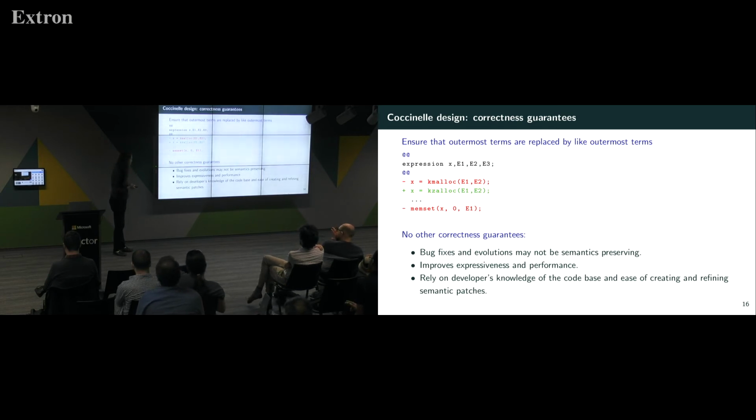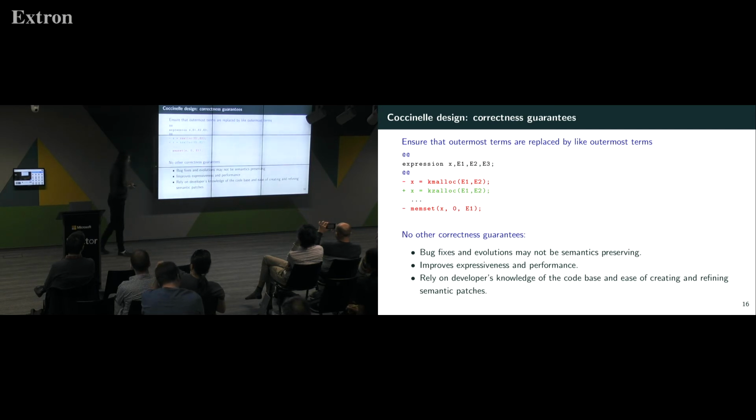So that's it. Basically, from our point of view, there are lots of things you want to express that are perhaps not semantics preserving, so we want to allow you to express those things as well. We basically want to let you express whatever you want. We don't want to spend a lot of time figuring out whether your change is correct or not, so that will improve performance.